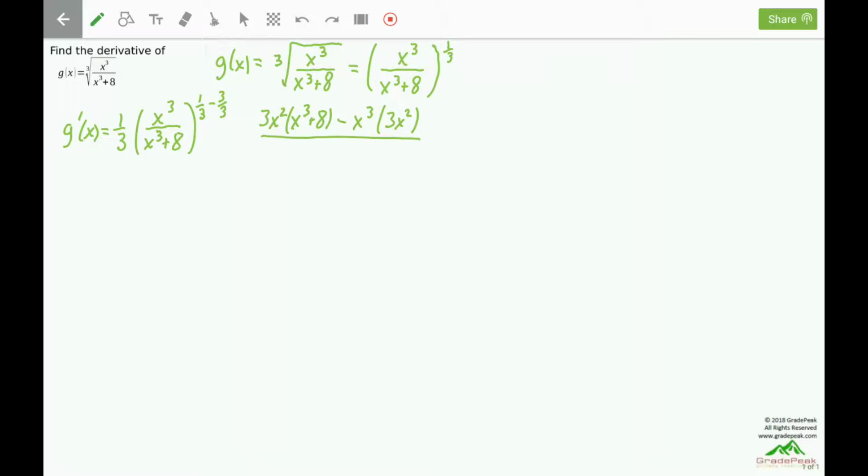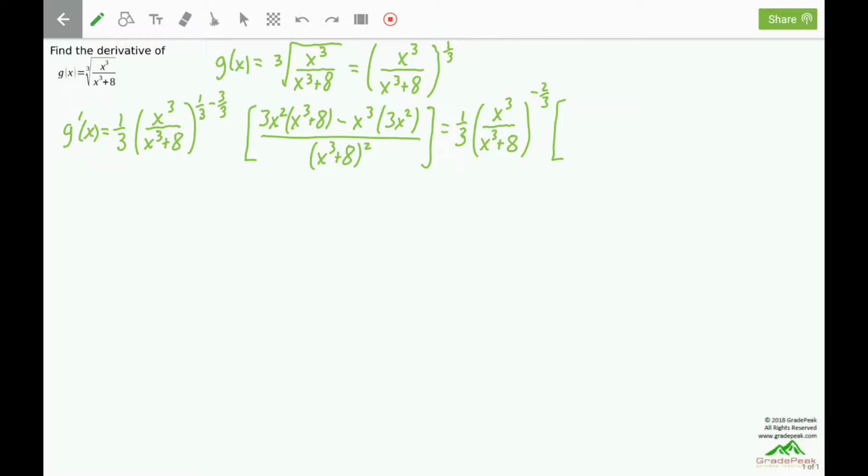And all of that is over the denominator squared. Now this entire expression here is multiplying what's next to it. Everything's multiplying. So we have a 1/3 an x cubed over an x cubed plus 8 raised to the 1 minus 3, negative 2/3 power.